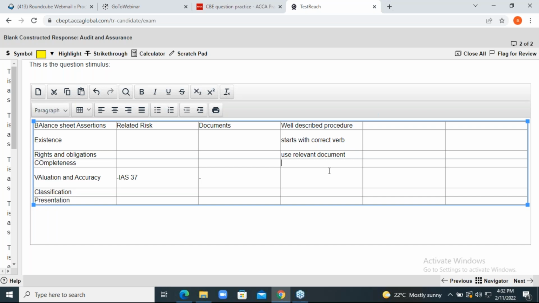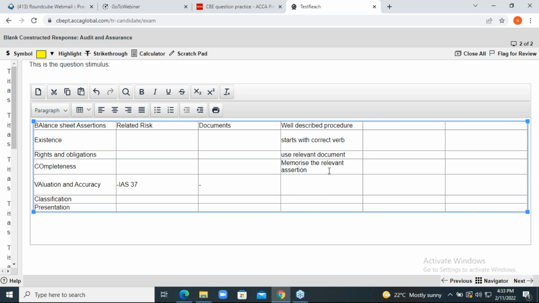Also, memorize the relevant assertion. Students often ask whether we need to memorize only the procedure or the relevant assertion.